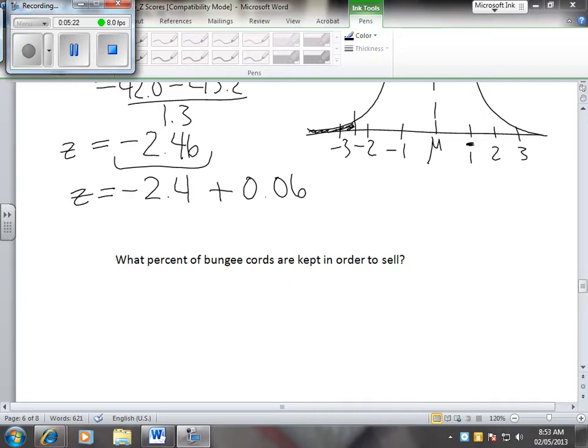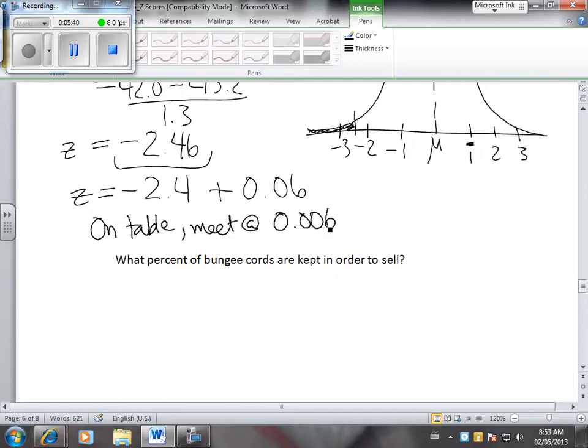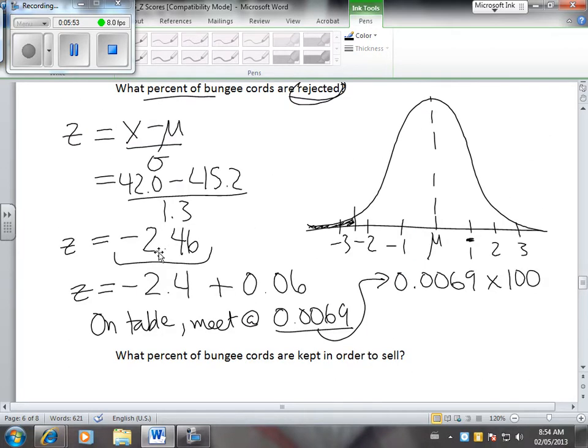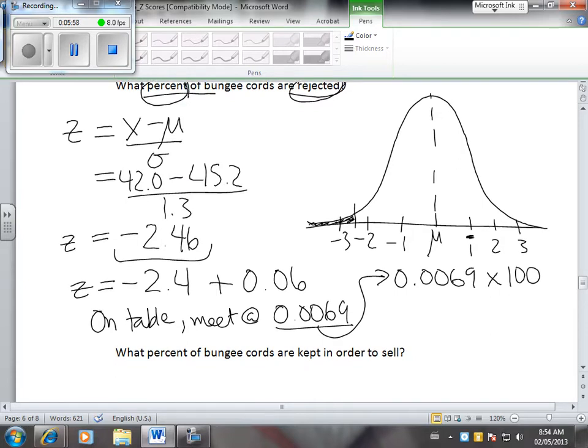Okay, and then what you'll find is that on the table, negative 2.4 in the column and 0.06 in the row, they meet at 0.0069. So we take this and we multiply it by 100 because we want a percentage, and we know that because the question asks for what percent of the bungee cords are rejected.